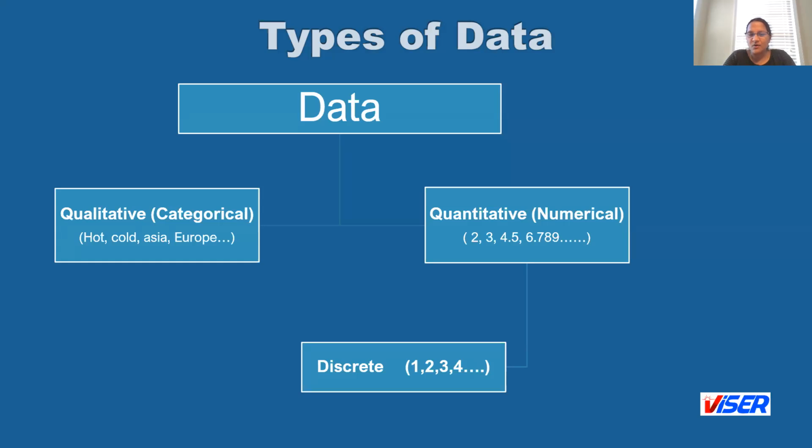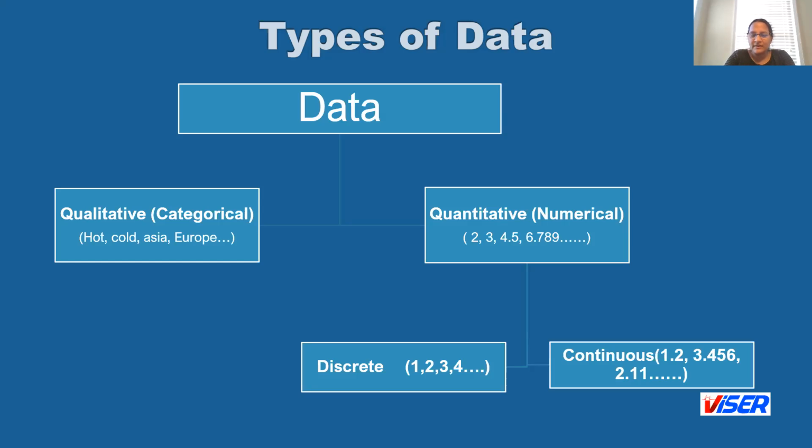And then there is quantitative data, which is of two types. One is discrete and one is continuous. Discrete is basically when we talk about whole numbers, 1, 2, 3, 4, any number which cannot be further divided. That means whole numbers.